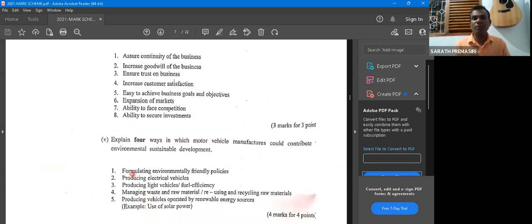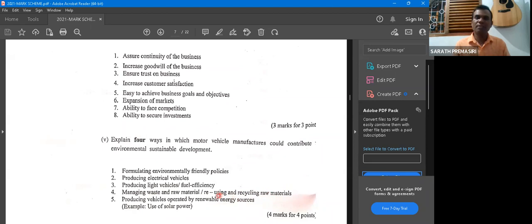environment sustainable development. Formulating environmentally friendly policies. Look at that. Formulating environmentally friendly policies, producing electric vehicles, minimizing emissions, producing light vehicles for fuel efficiency, managing waste and raw materials by reusing and recycling raw materials.